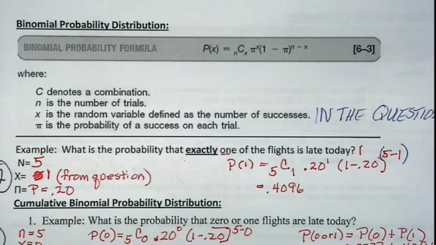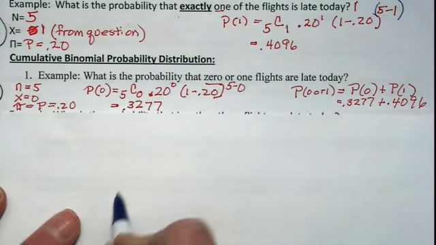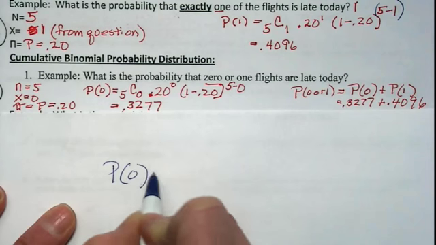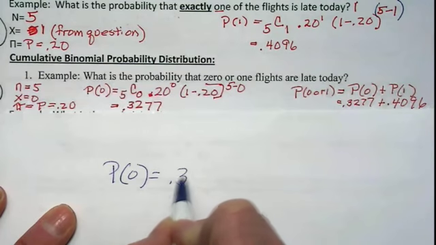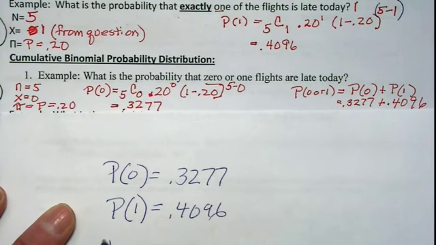Okay? Now, I want to talk to you a little bit, and this is going at a fast pace. You should continue with a bunch of binomial problems, but in a few slides, you will see cumulative binomial. Cumulative binomial just means something like, I want to know the probability of less than 2 of those flights. Well, if I have the probability of 0, which is 0.3277, I have the probability of exactly 1 flight being late, 0.4096. There are 2, 3, 4, 5 flights.